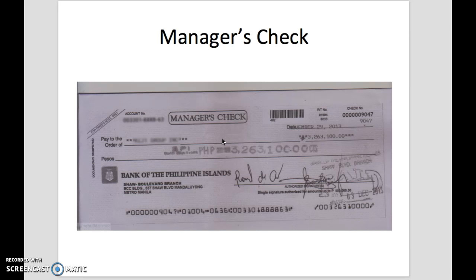The reason for this is that one advantage of a manager's check is that Clark Kent will have this assurance that I actually have this amount of money, as compared to regular checks wherein I can just write 3.2 million even though I don't have that amount.